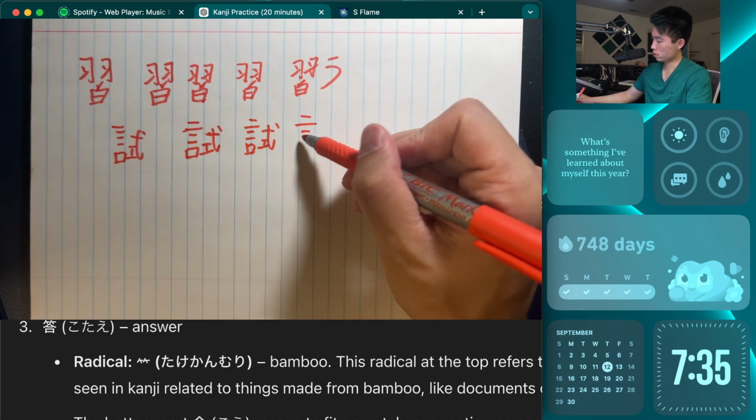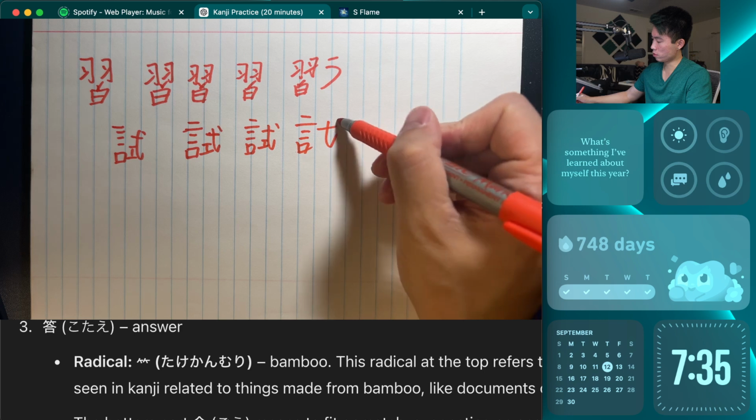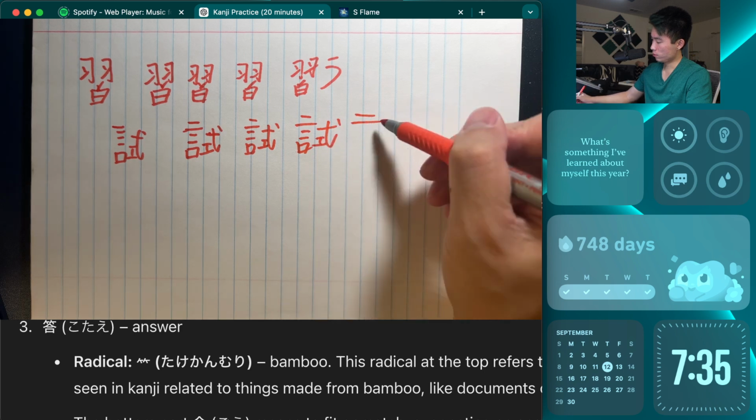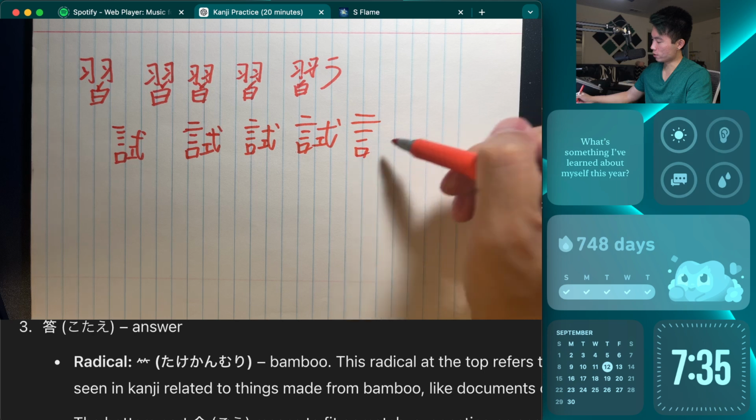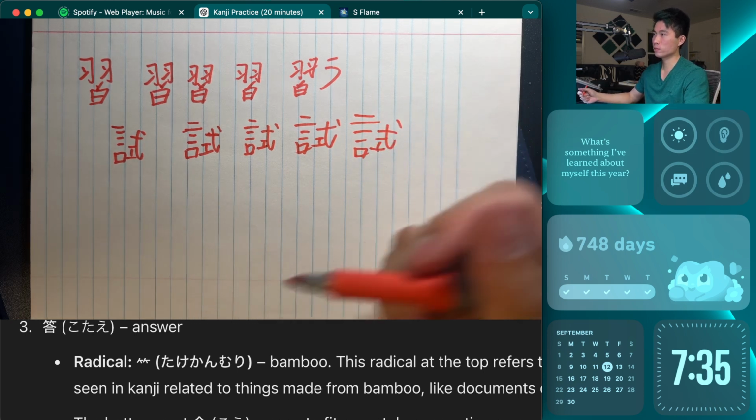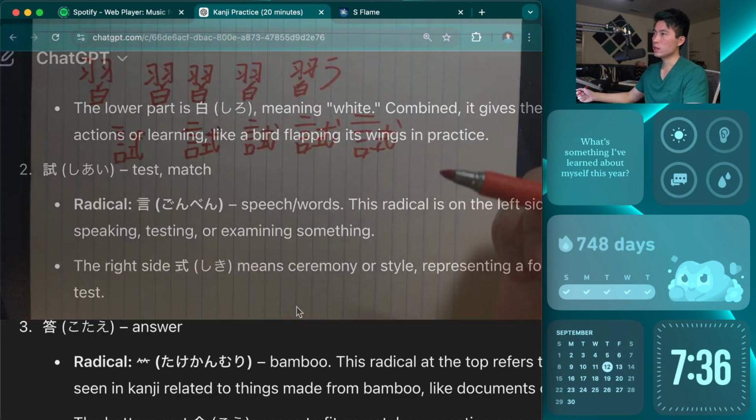All right, that's pretty simple overall. Oh gosh, I'm going wider and wider. I don't know why I'm doing that. Okay, good enough. Now let's do the next one.